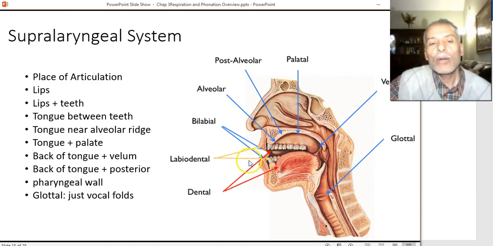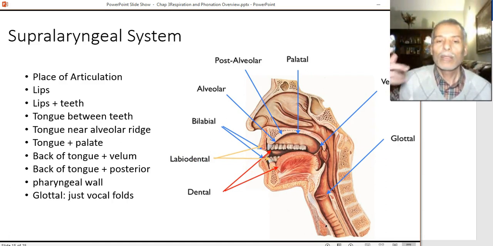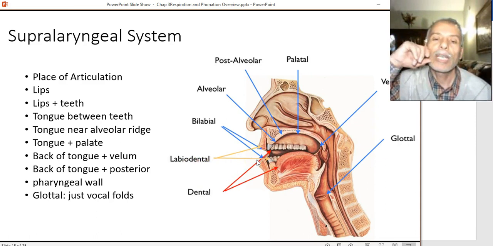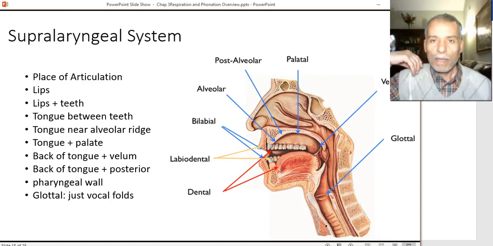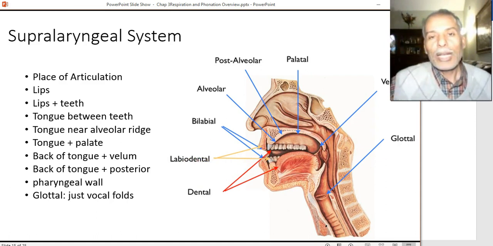Both of these sounds are called labiodental. So labio, one lip is involved, and then dental, basically the teeth. So I am going to describe the sounds f and v as labiodental consonants.